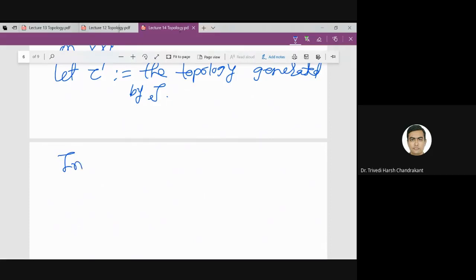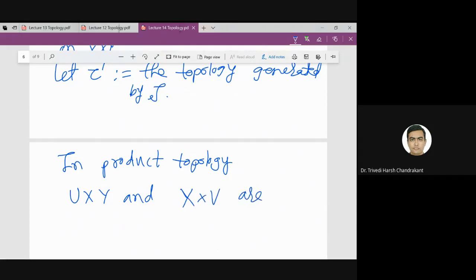So in the product topology, U cross X, U cross Y and X cross V are open sets where U belongs to tau X and V belongs to tau Y, right?